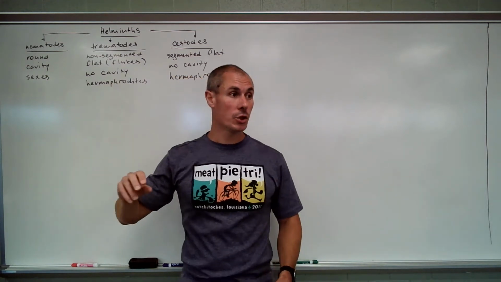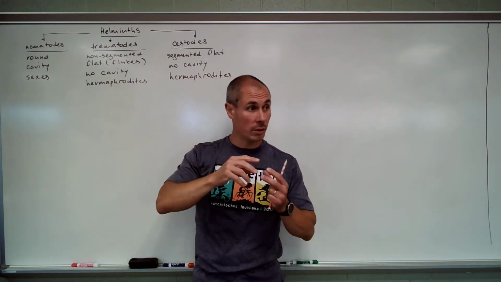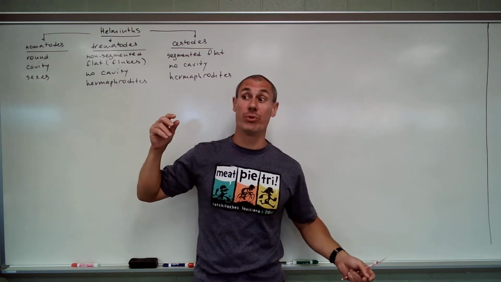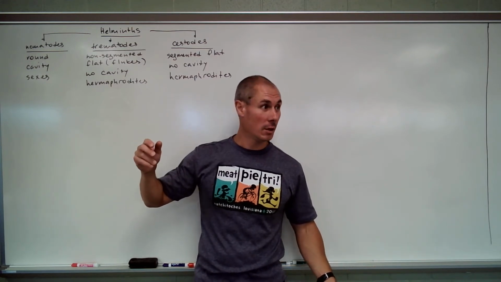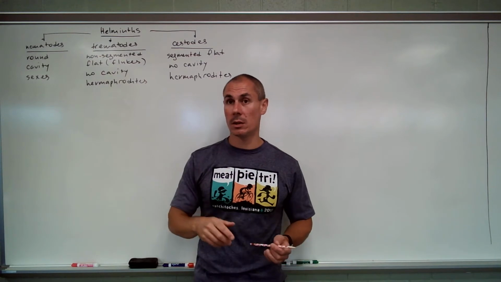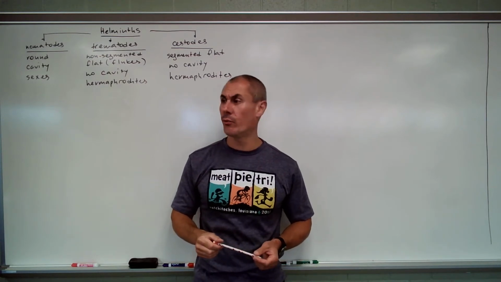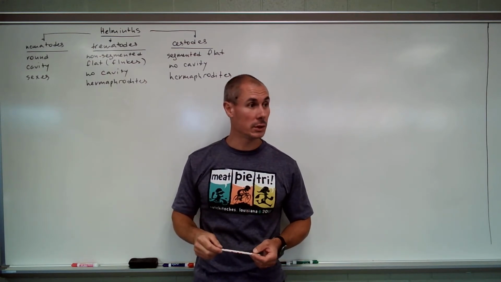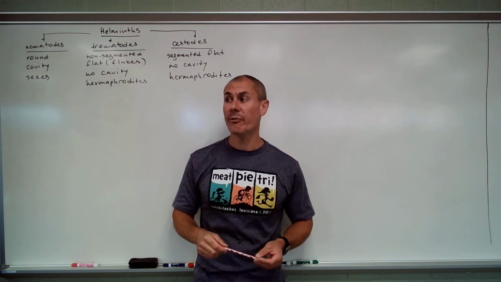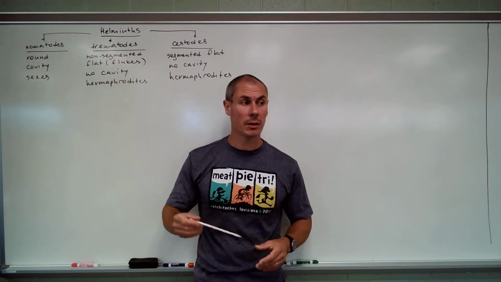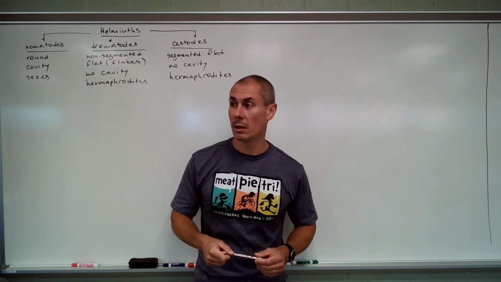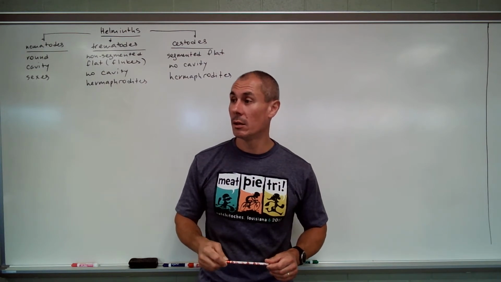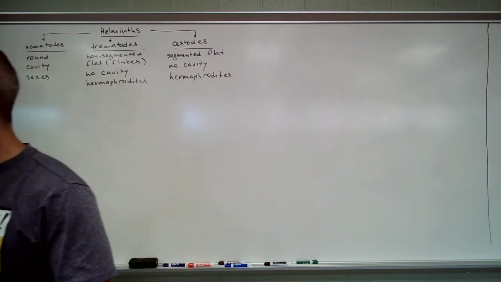Cestodes, chain of small leaves, sometimes a really long chain. Some specimens, I believe I saw a photograph of about a 40-foot long tapeworm. Yeah, it'll fit in the human intestine. It'll fit nicely. That's nasty.